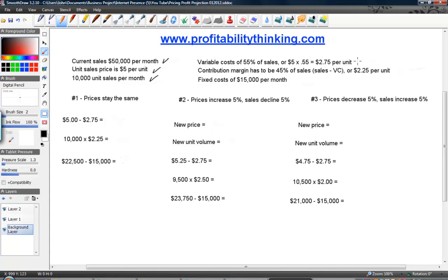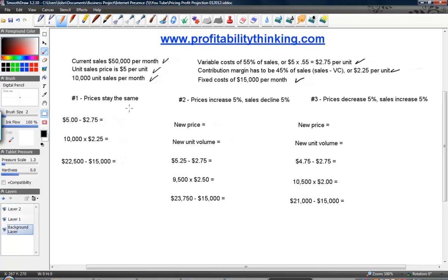The variable costs of making this product are 55% of sales, or $5 times 0.55, which equals $2.75 a unit. The contribution margin, which is what's left when you take variable cost from sales, has to be 45%, or $2.25 per unit. And the company has fixed costs of $15,000 per month.